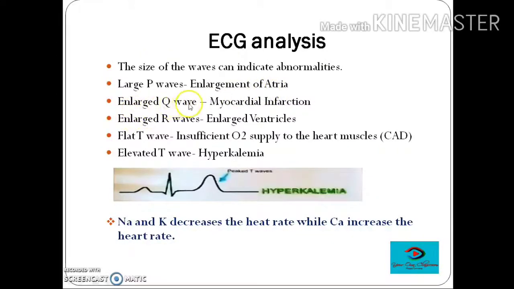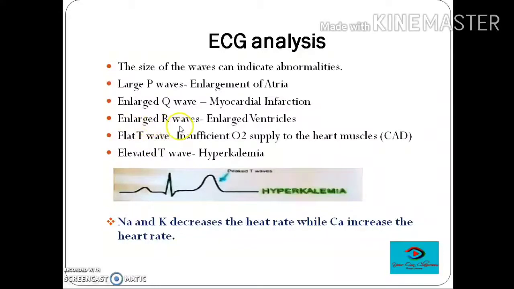If the Q wave is enlarged, that indicates myocardial infarction. Myocardial infarction is synonymous with a heart attack, meaning a part of the muscle gets destroyed due to insufficient nutrient supply, or I can say oxygen supply.